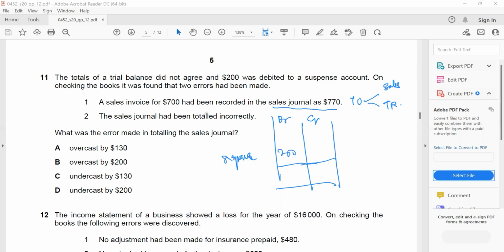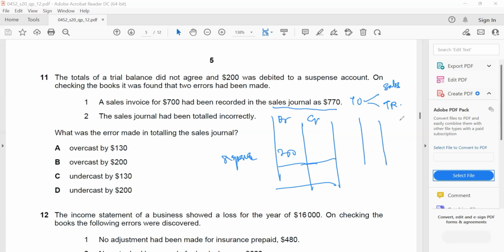The sales journal has been totally incorrect. So that means the bottom line for the journal is also wrong. So what was the error made in the total in the sales journal? Since this one is short to debit by 200, credit is extra 200. So this is the credit extra 200.